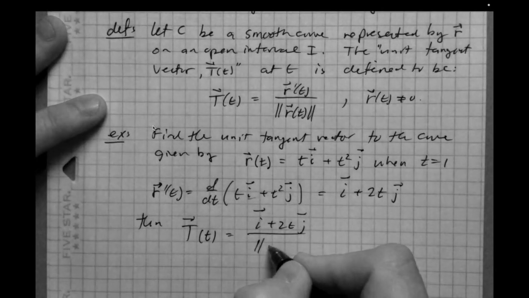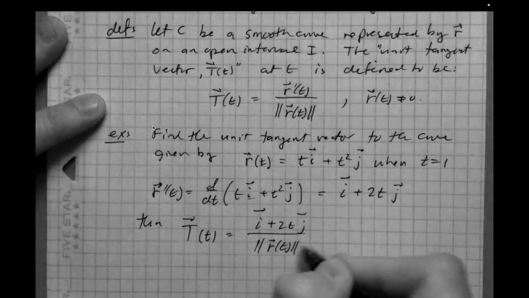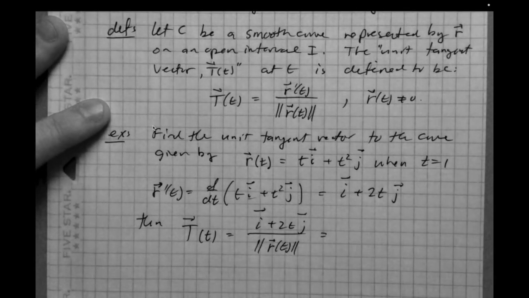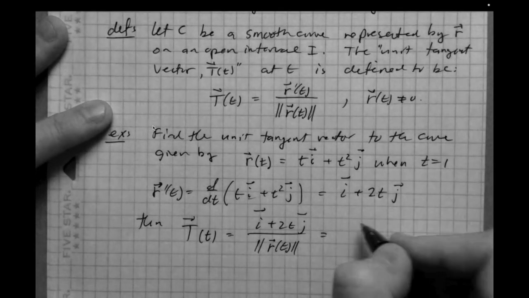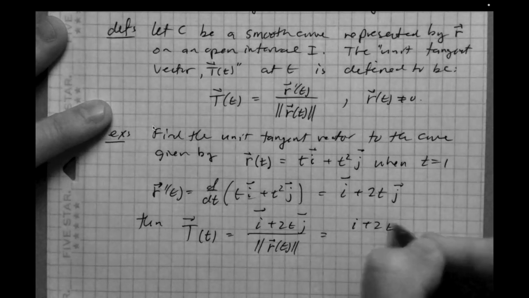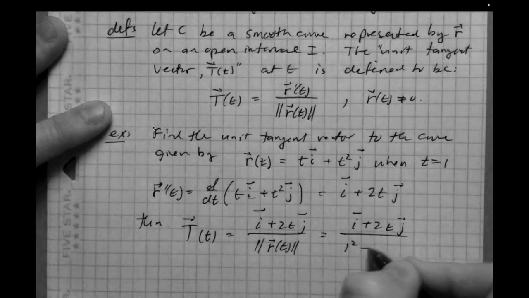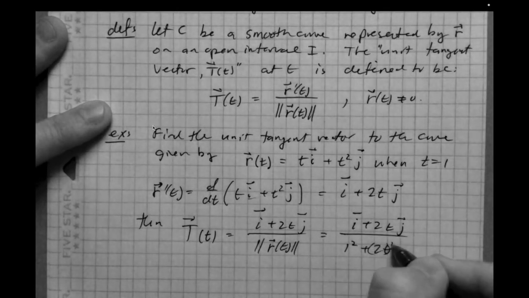Then the unit tangent vector is going to be i plus 2t j divided by the norm of r prime. The norm is just going to be the square root of 1 squared plus 2t squared.